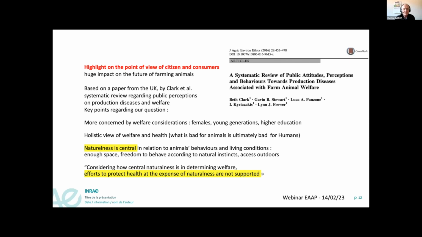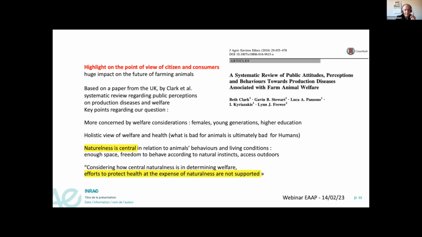This is a systematic review regarding public perceptions on production diseases and welfare. I just pick a few points regarding our question today from their results. I think this study was done with the analysis of 80 papers.